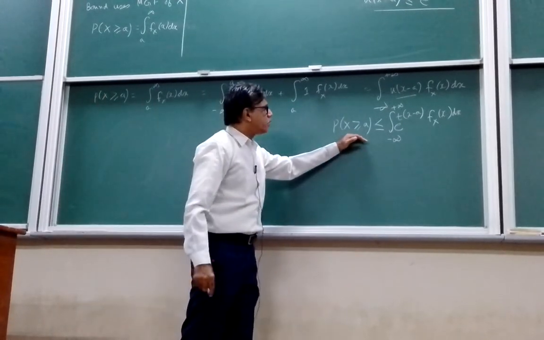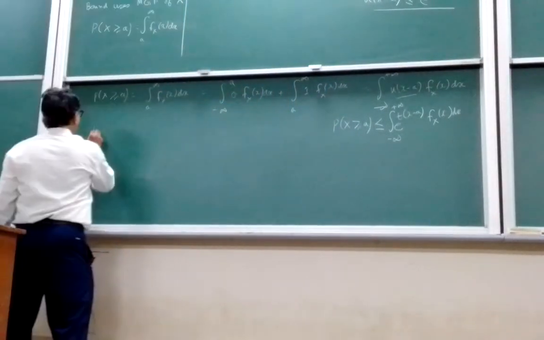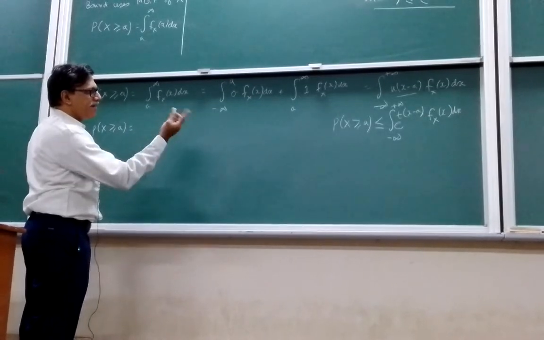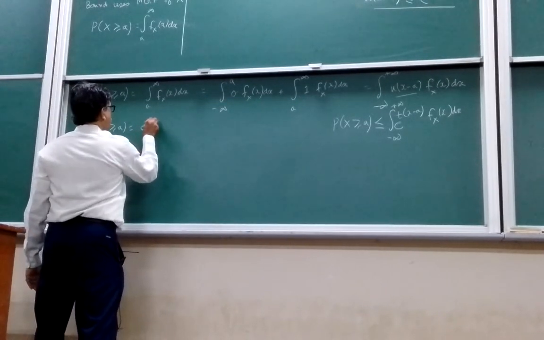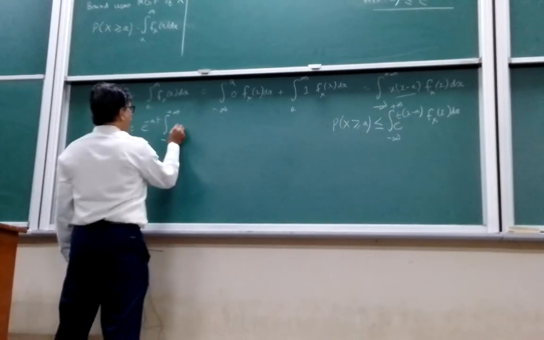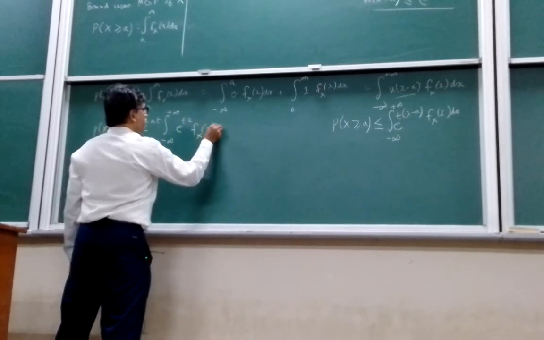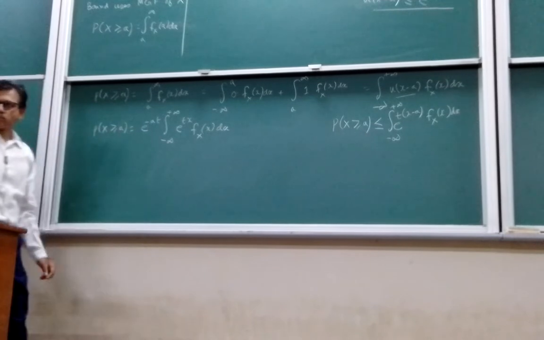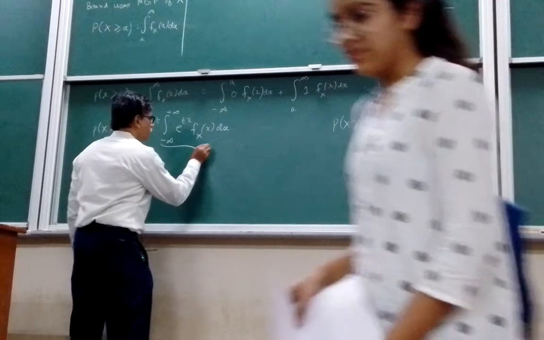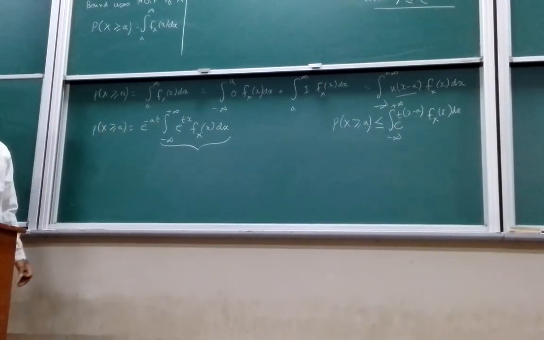The probability that x is greater than or equal to a is less than or equal to the integral, where we take e power of minus t a outside, and then we have e power of t into x into fx of x. And what is this one? This is the MGF.